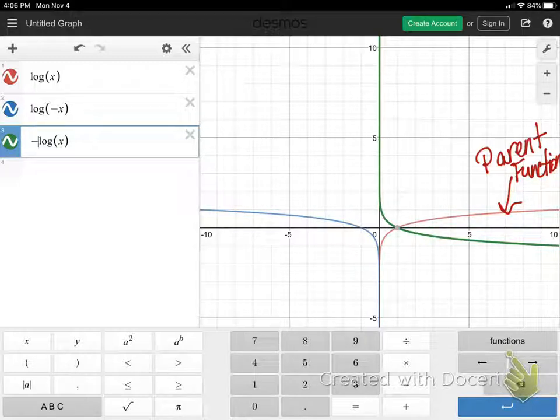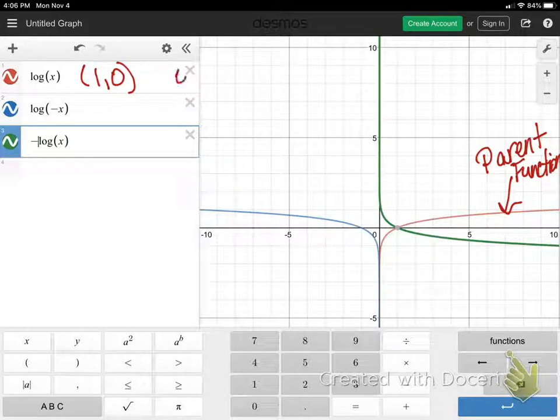My base is 10. So the red is my parent function. My blue graph is when I reflect across the y-axis. And before I leave my parent function, I'm going to write this point down, 1, 0, because that's the point that we want to watch.